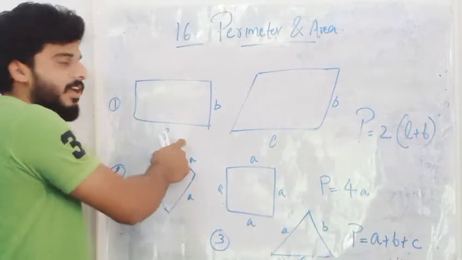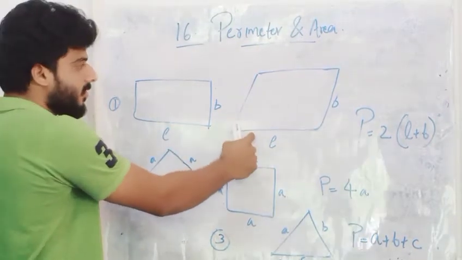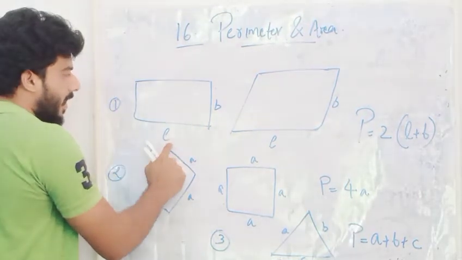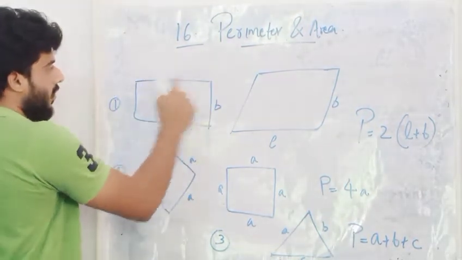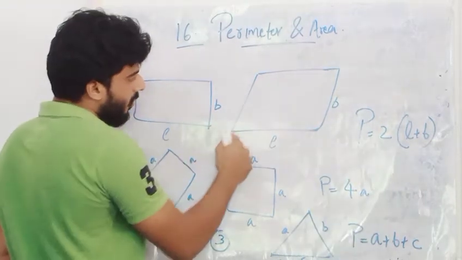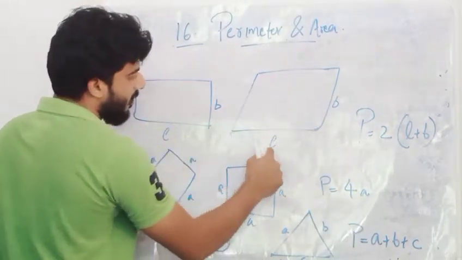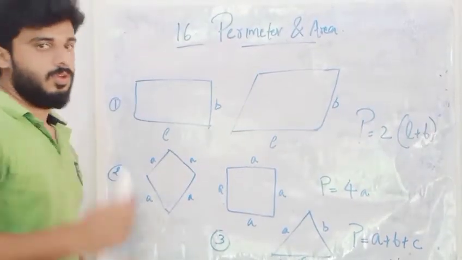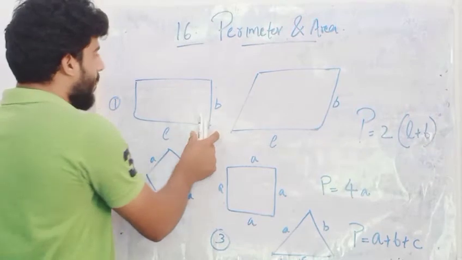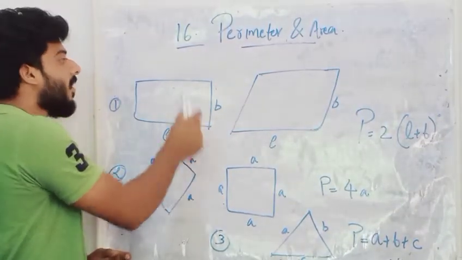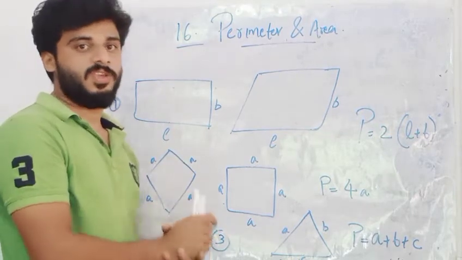This is a rectangle and this is a parallelogram. They have length and breadth. This side is length and this is breadth. In a parallelogram and a rectangle, the opposite sides are always equal.